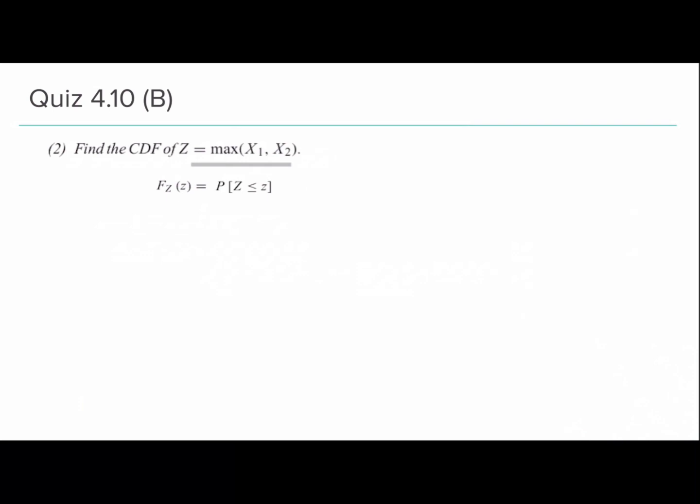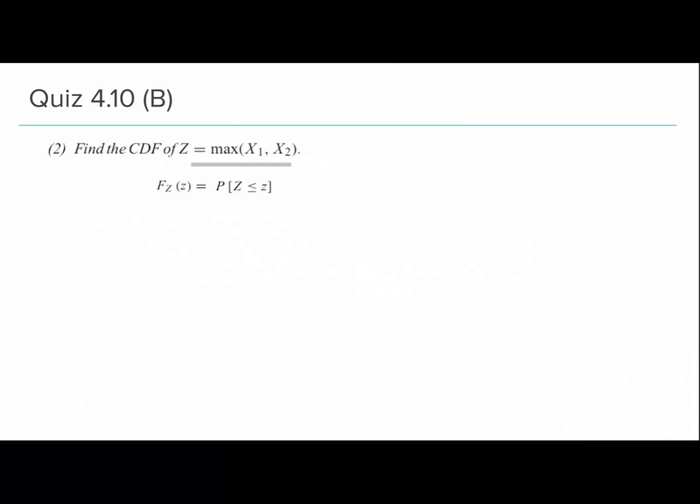For the next part, we have to find the CDF of z equal to max of x1, x2. The CDF, denoted by capital F, is capital Fz of z equal to the probability that the random variable z assumes a value less than or equal to small z. Now I want you to take a minute to think about this.